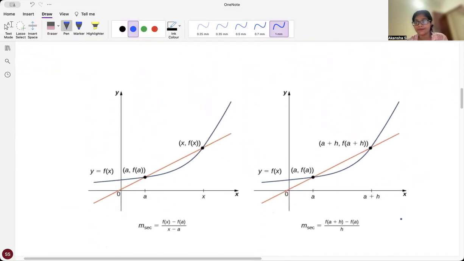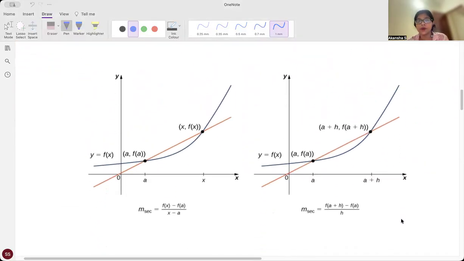Now here, this will give you a good idea. As you can see on the screen, there is a parabolic curve f(x). This parabolic curve is appearing with two points. We have x, f(x) in the first one, and in the second one we have a plus h, right?